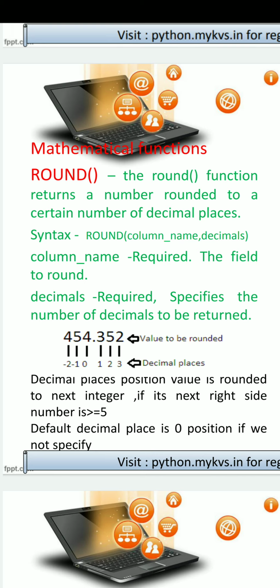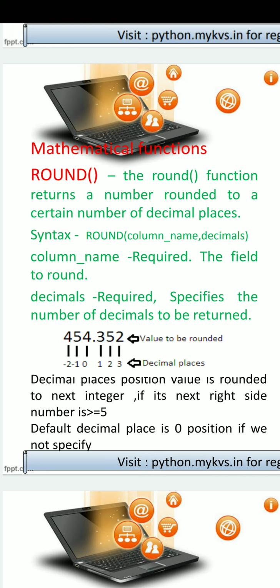So the round function returns a number rounded to a certain number of decimal places. In this example, we have shown how to convert marks to integer form, where we were considering only 0 rounding places by default.